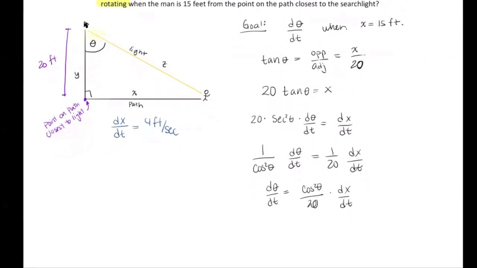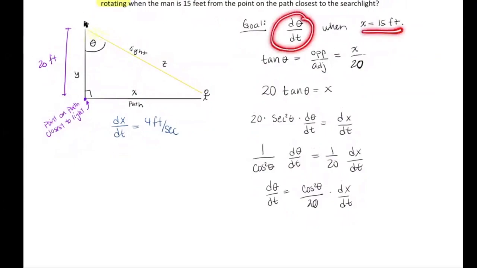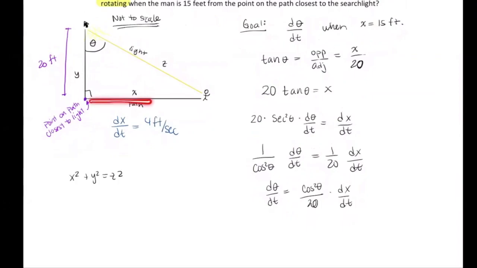And again, we're told that our goal is to find this rate of change when x equals 15. So I can relate all these using the Pythagorean theorem. And maybe I should add a certain label to my triangle, not to scale at all, because this distance we're saying is 15 and this is 20. So this side should be longer, but I drew my picture a little bit poorly.